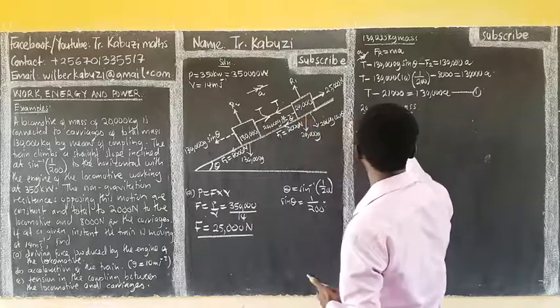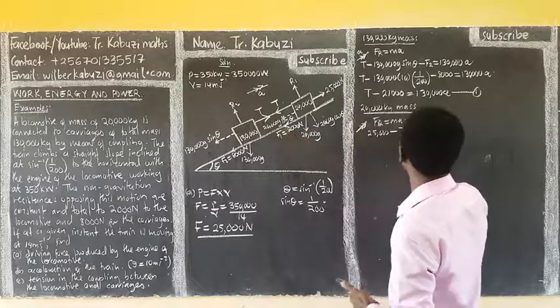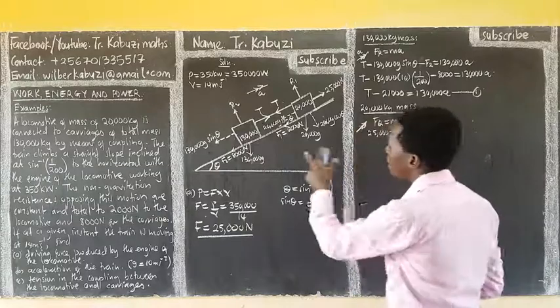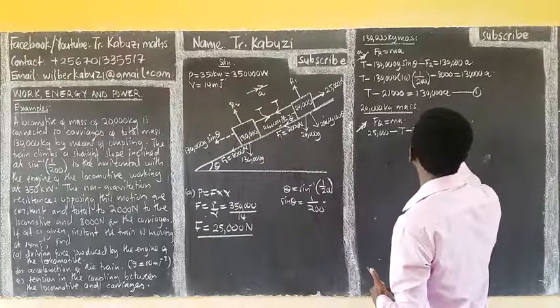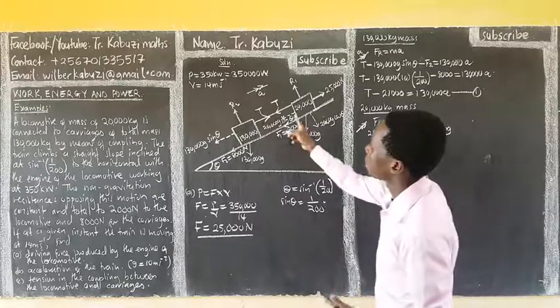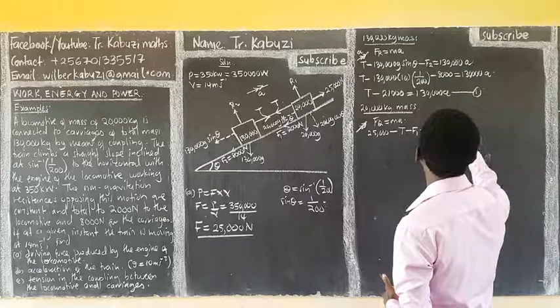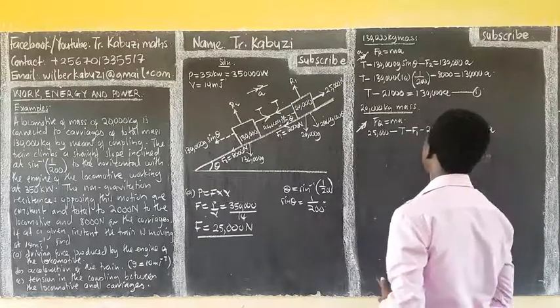We have T opposing, then minus F1 is also opposing, then minus there is also this force, minus 20,000 g sine theta, opposing there. This will be equal to the mass, 20,000, times the acceleration.